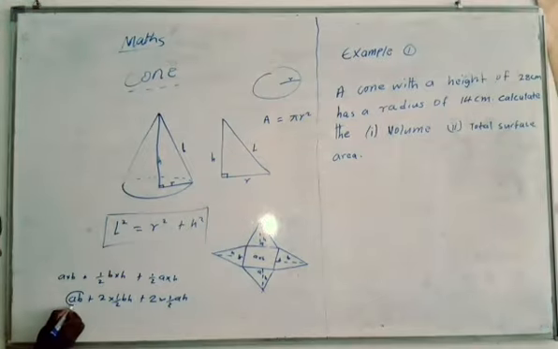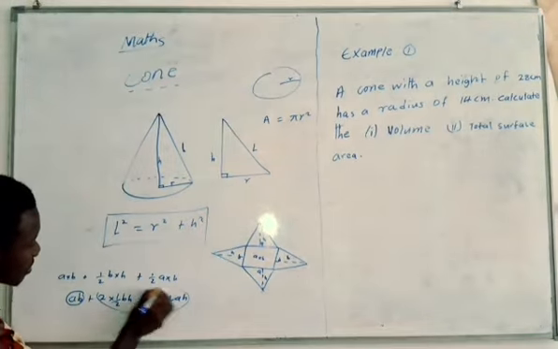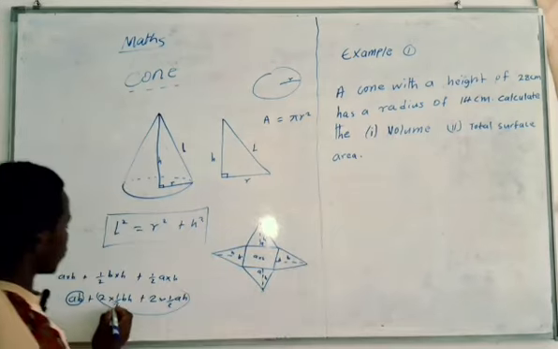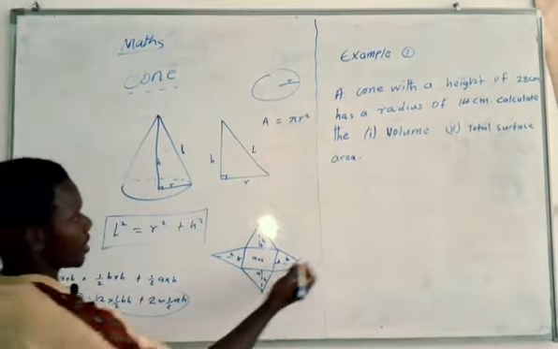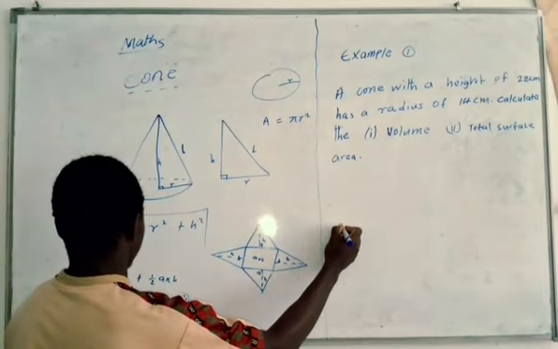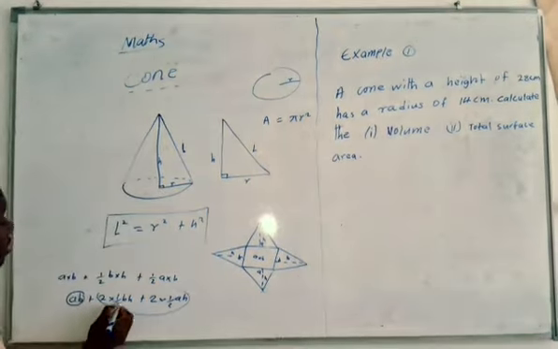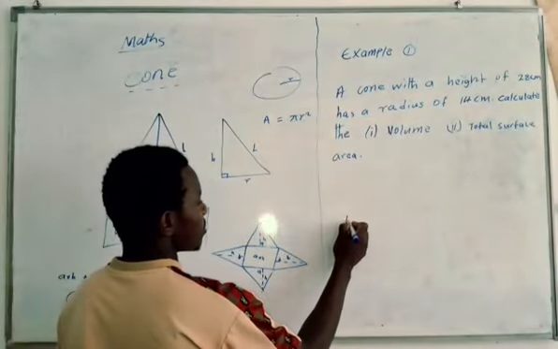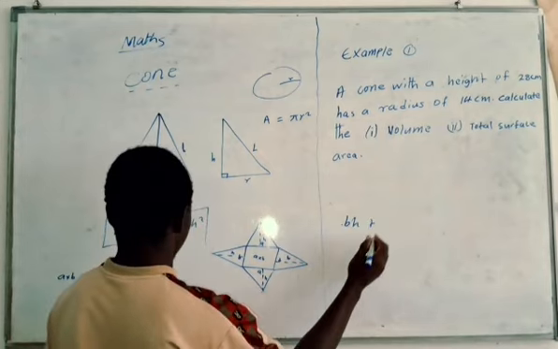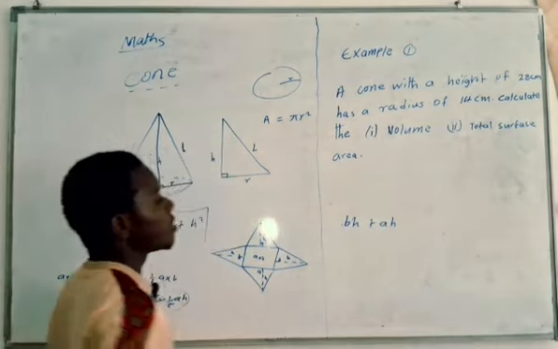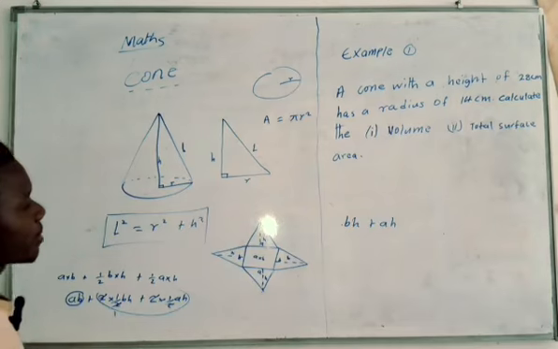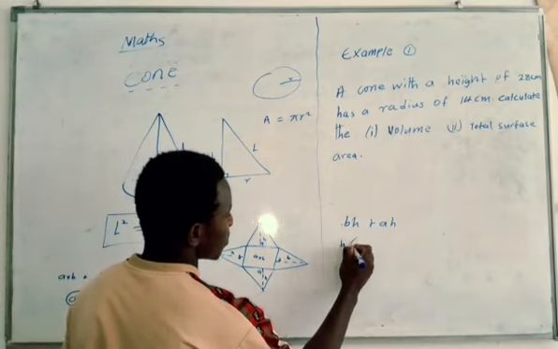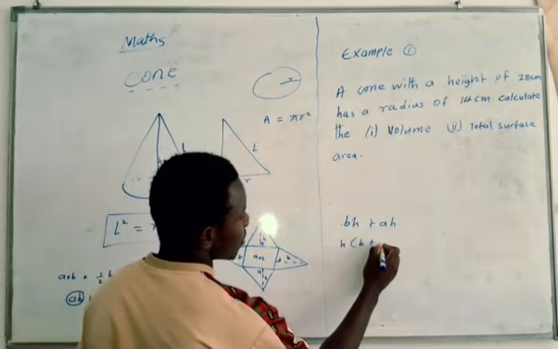Let's forget about the area of the rectangle and focus on this first. You will realize the 2 and the half will cancel out. That will give us BH plus AH. As you can see, the height is common, so we can take the height out. That will give us H times B plus A.